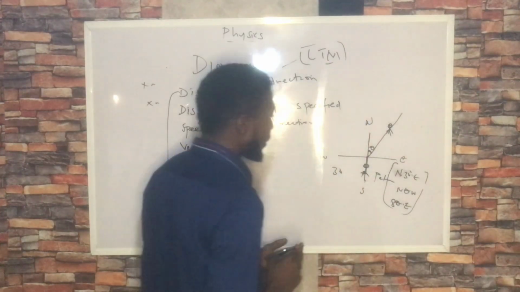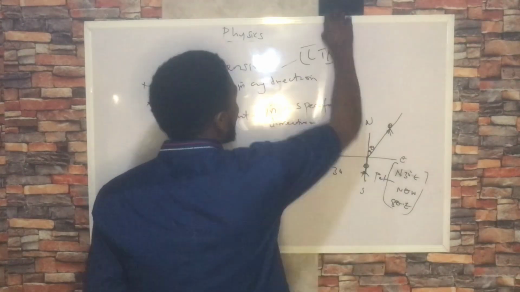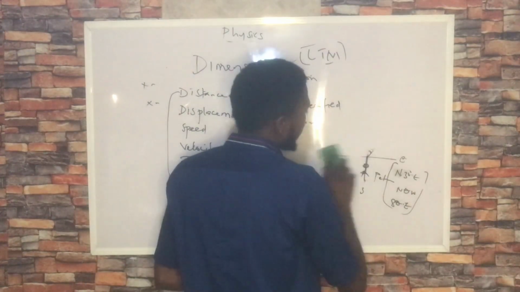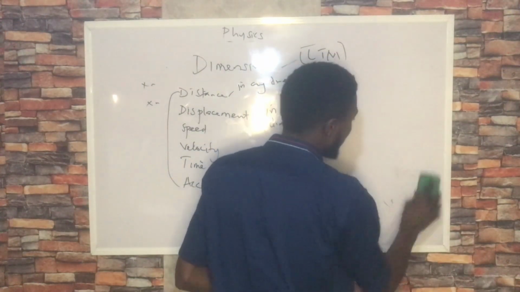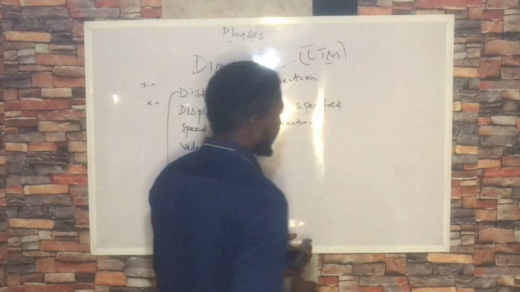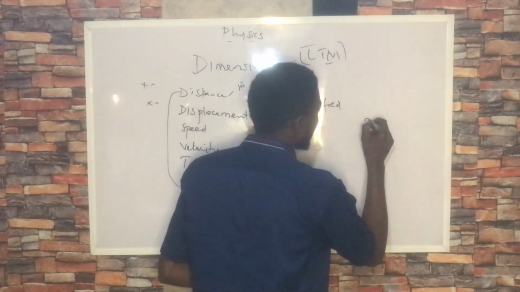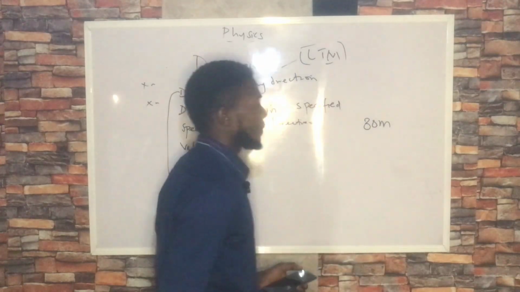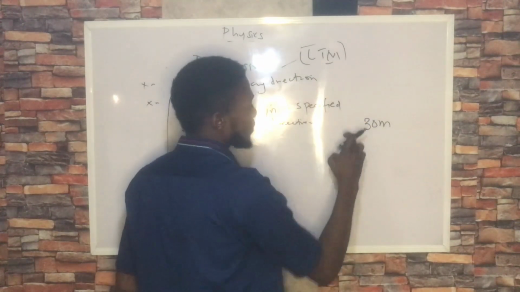Now there's something I want you to take note of very quickly. Let's say I said this is 30 meters. This is simply explaining distance.